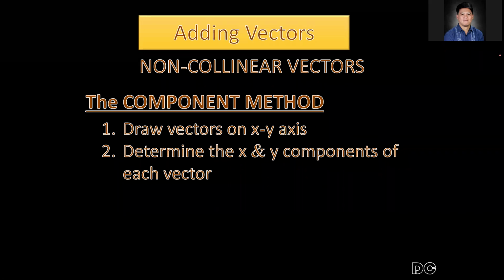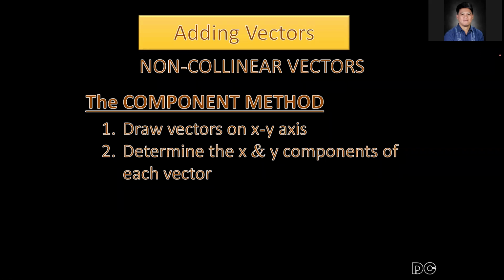After you draw the vector on the Cartesian plane, next is to draw its x and y components and determine the x and y component of each vector. Sir, how can we get the x and y component?